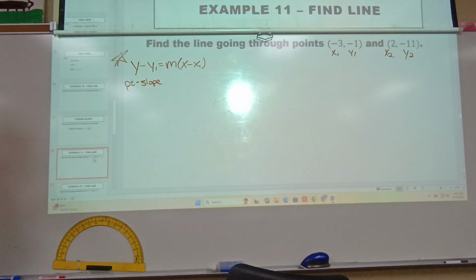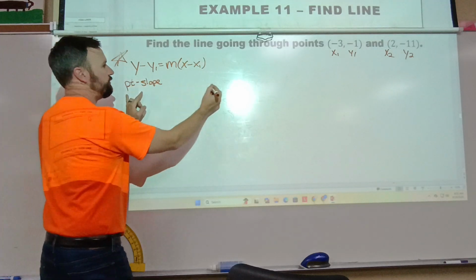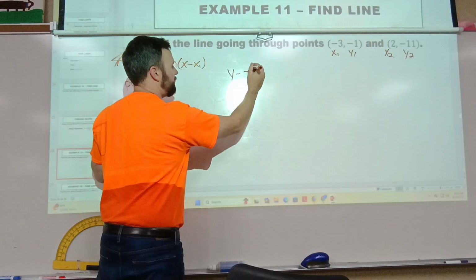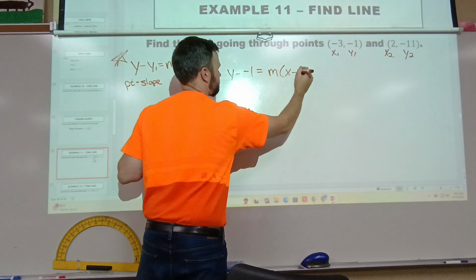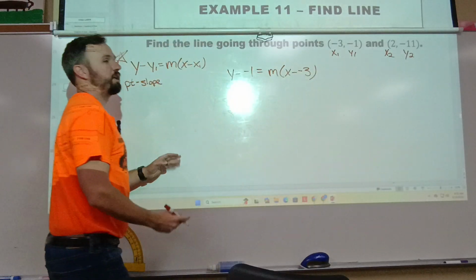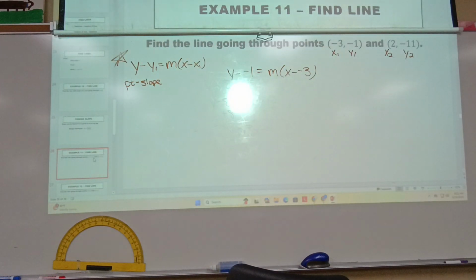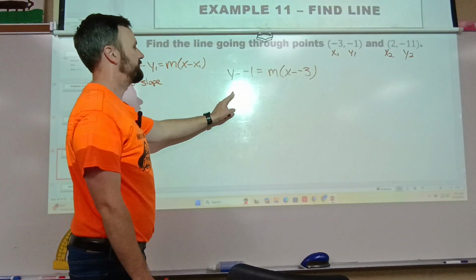Because technically, I could start going right now. I could do y minus y1, and then slope, right? I'm just plugging in my point from above. I'm missing slope, but luckily, I have the tools in my tool belt to find it.